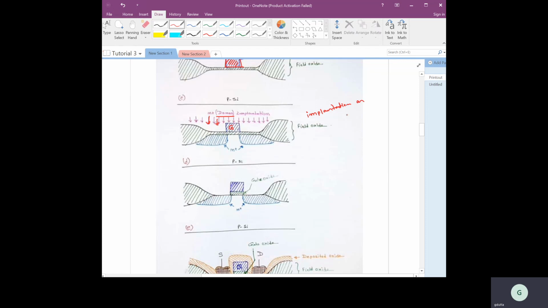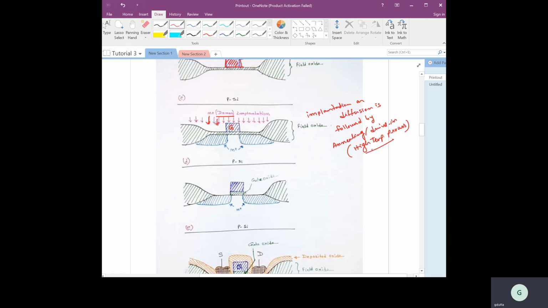And this is basically a quite high temperature process.